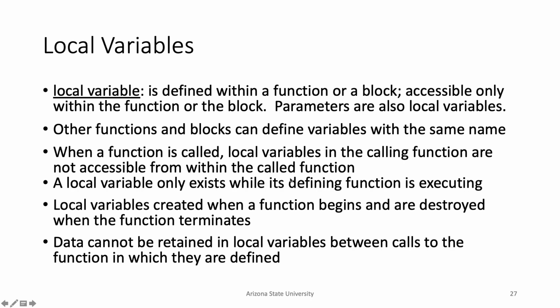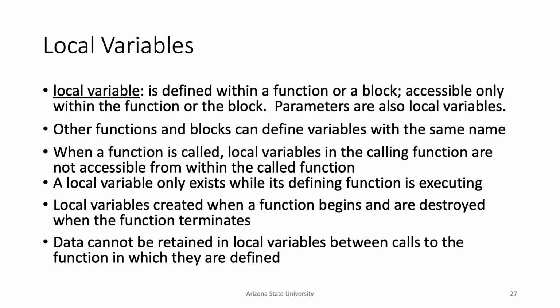Okay, so there are 2 types of variables that we could use in functions. A local variable is just one that exists within some scope, usually within a function or a block of code. So for example, any variable you declare in the main function or in the function we made in that one example, those are local variables.